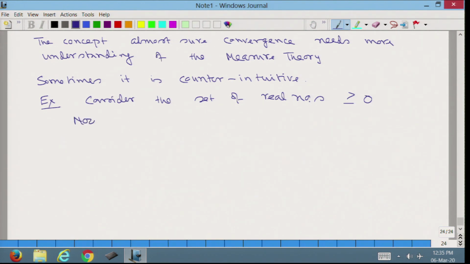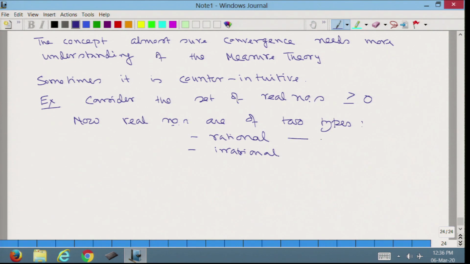Now, real numbers are of two types, rational and irrational. We all know that there are countably many rational numbers.